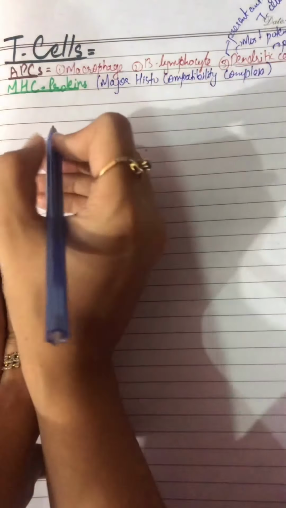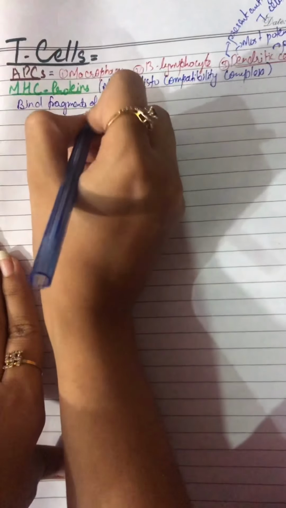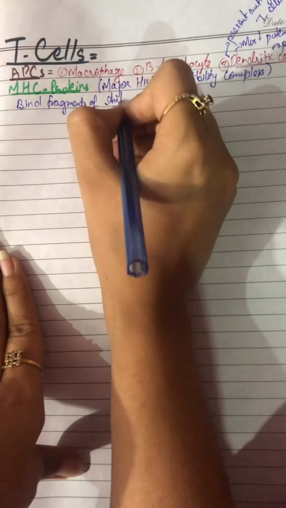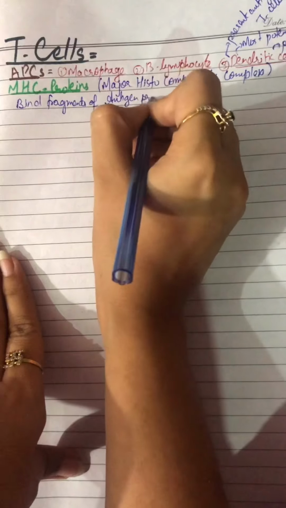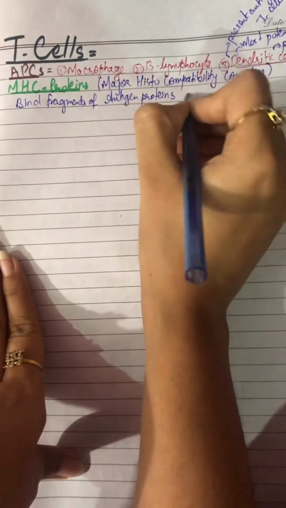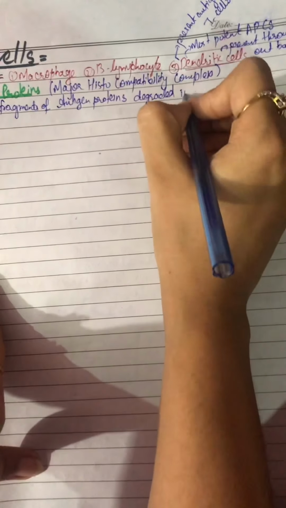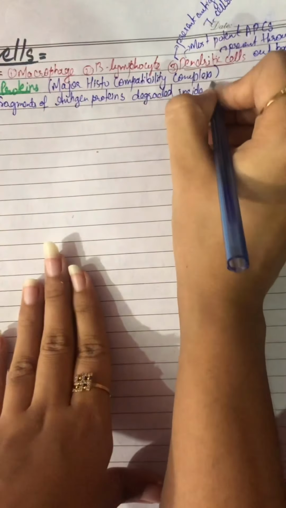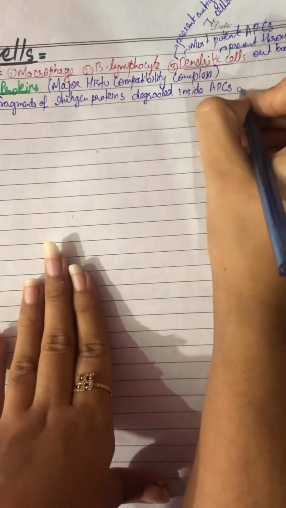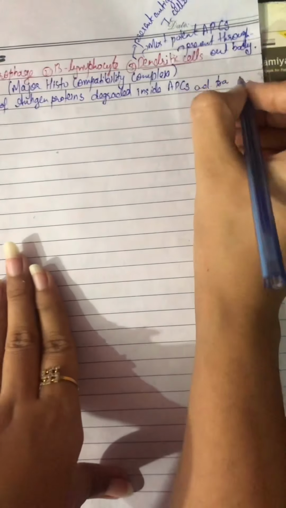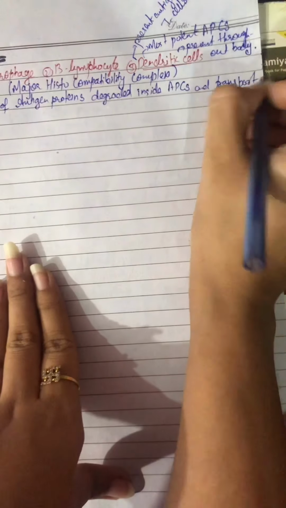So their function is that they bind protein fragments of antigen proteins degraded inside APCs and transport them to the cell surface.